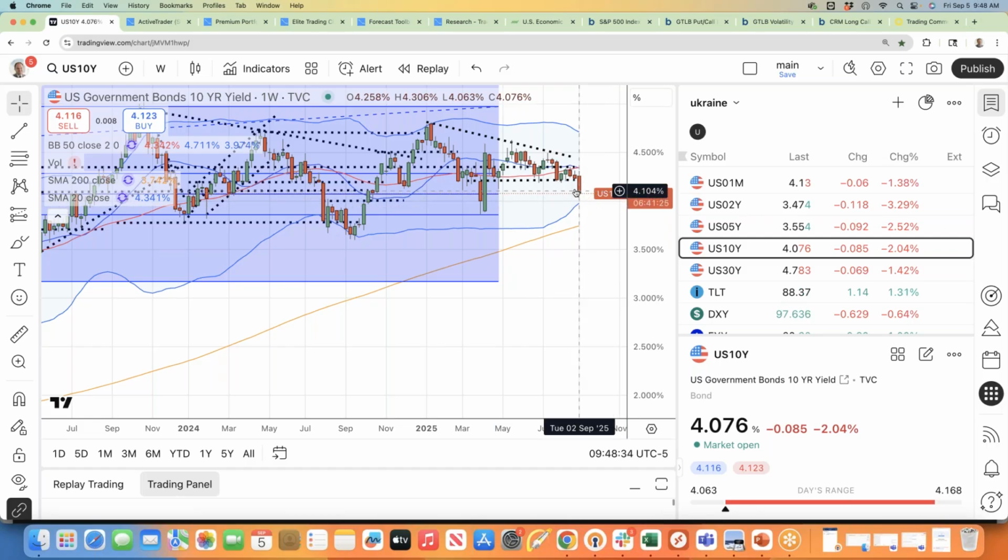Because usually when you have a sharp move in bond yield, it's an area of concern. Like in April, because of the tariffs, we had a sharp move to the downside. That could mean that bad economic data is not good for the stock market, right? So the yield is continuing to go lower.